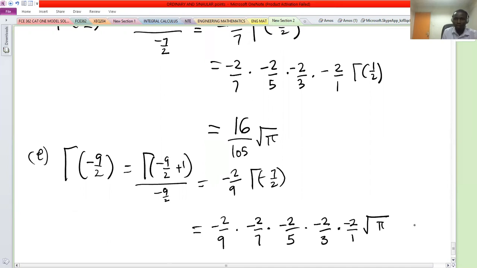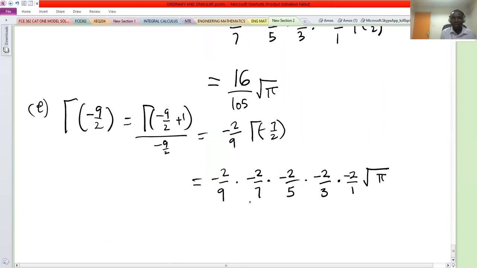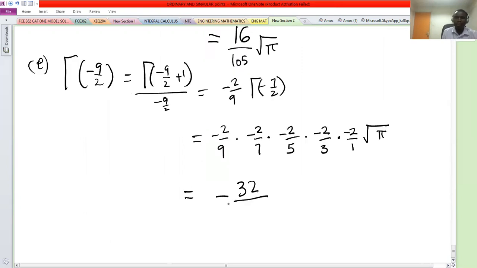Then gamma of a half is root pi. So that is 1, 2, 3, 4, 5 negatives, so it will be negative. And then 2 power 5 is 32, divided by 105 times 9, which gives us 945. So negative 32 over 945 root pi.